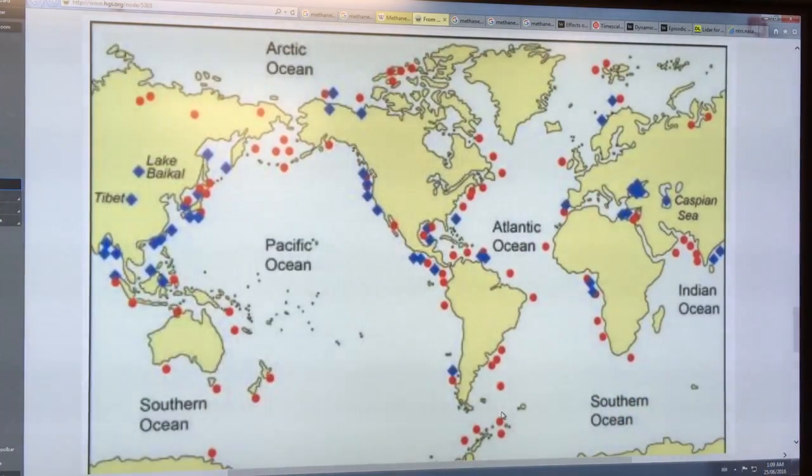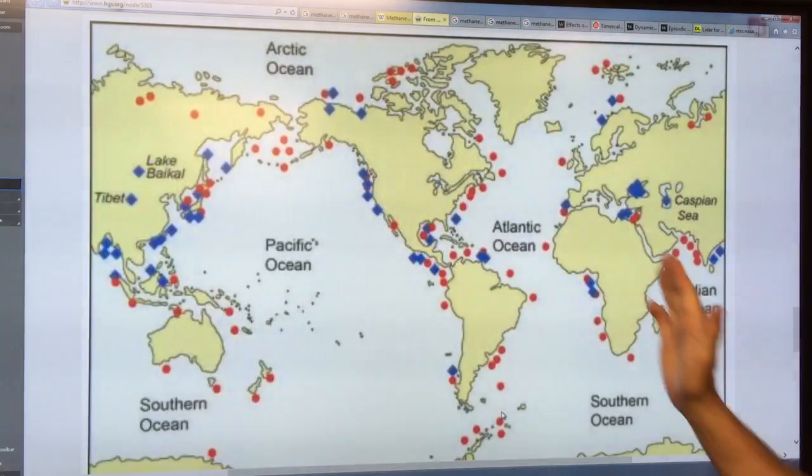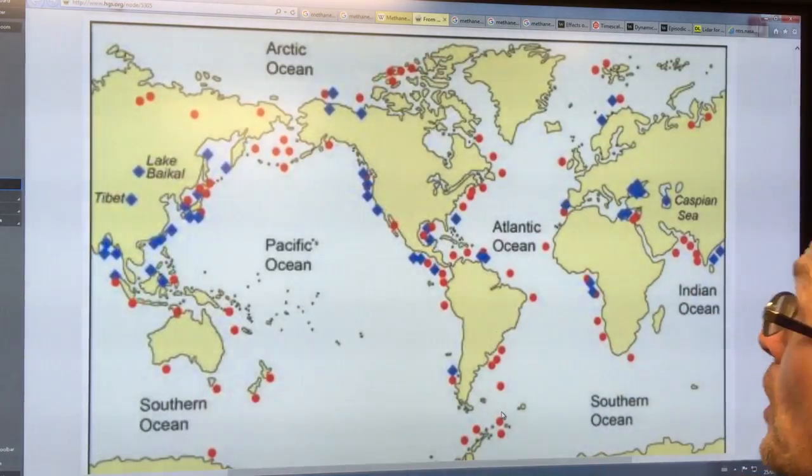The so-called gas hydrate stability zone, GHSZ, is typically around 400 to 550 meters deep. This is the area where the water pressure is high enough and the water temperature is low enough that methane being released from the sediments would form these hydrates. It would be trapped in the frozen hydrate. So there are extensive regions where this hydrate exists.